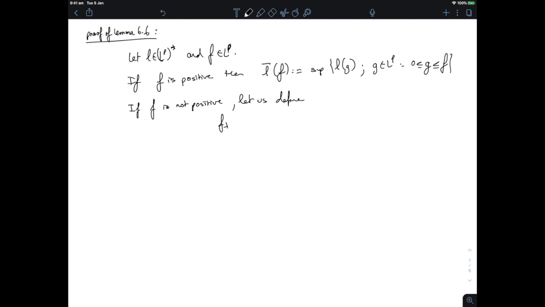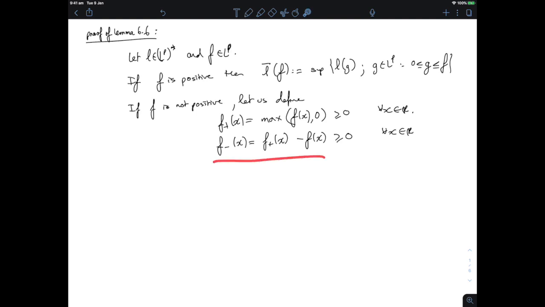So I'm going to define f plus of x as the maximum of f of x and 0, which of course is greater or equal than 0 for every x in R. And I'm going to define f minus of x as f plus of x minus f of x, which is also greater or equal to 0 for every x in R. And f can be written, because of this equality, as f plus minus f minus.